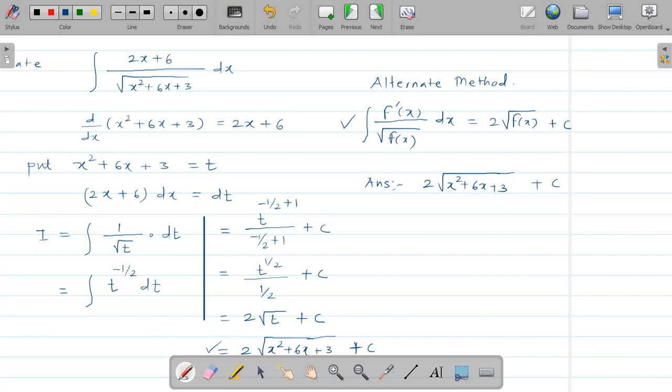Or otherwise you put x square plus 6x plus 3 equal to t, then you will get (2x plus 6) dx equal to dt, and by this detailed method you can solve, that is 2 into root of x square plus 6x plus 3 plus constant. Okay, so this is the alternate method. You can use this method by just mentioning this rule.